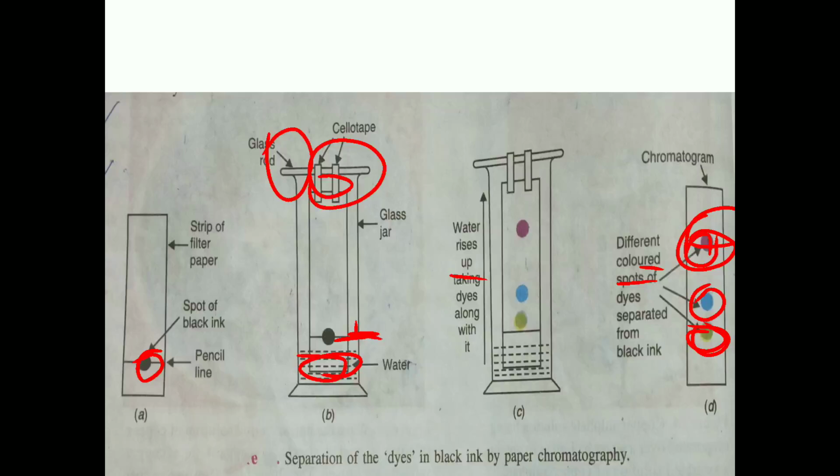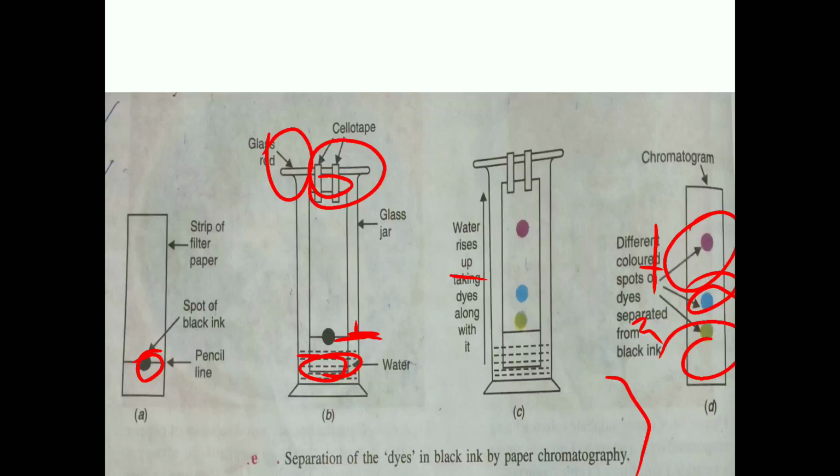The chromatogram obtained by using black ink in the experiment has three colored spots on it. You can see the three colors: 1, 2, 3. This means that the given sample of black ink has three different dyes mixed in it. Means the black ink which we put here is made up of three different colors.